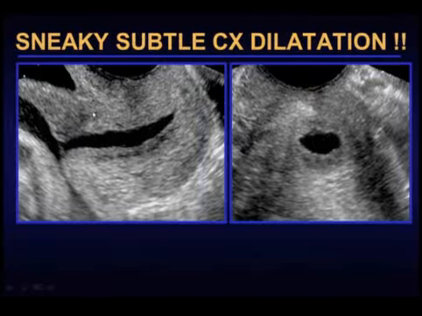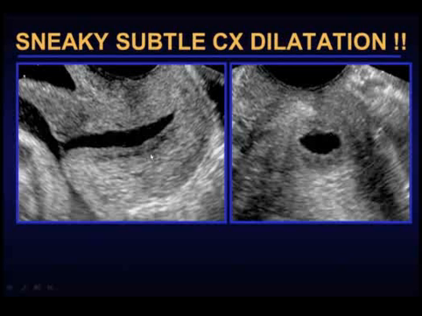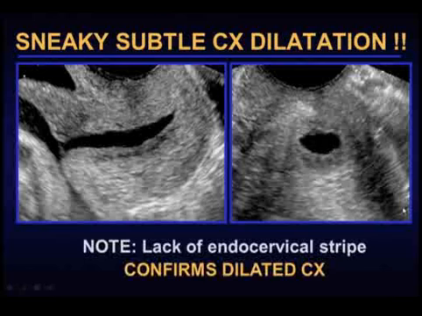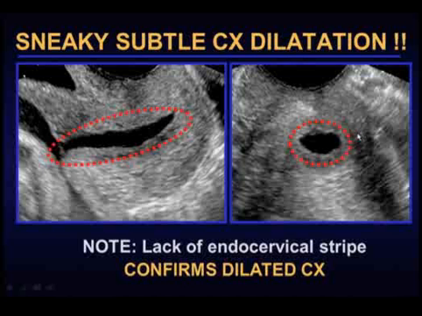It's unusually lucent. But if you look at this case, sagittally and coronally, there's no line here, there's no dot here. That is actually fluid in the endocervical canal. Lack of seeing that endocervical stripe, and I'd suggest you do this in 2 directions and look completely from side to side.